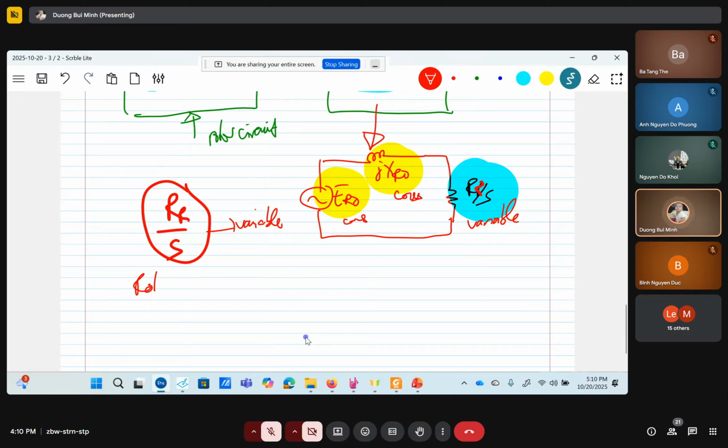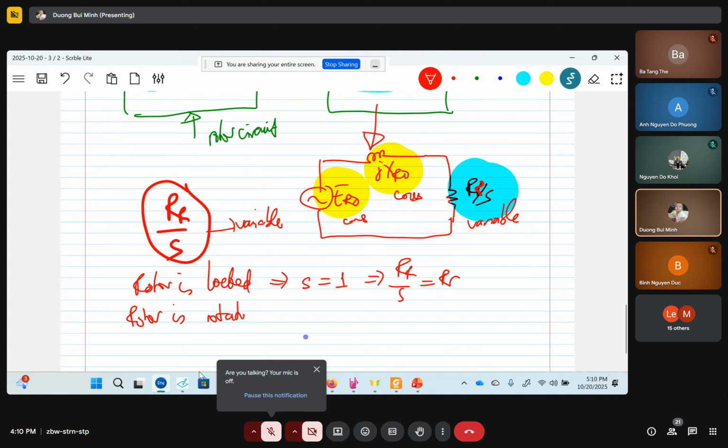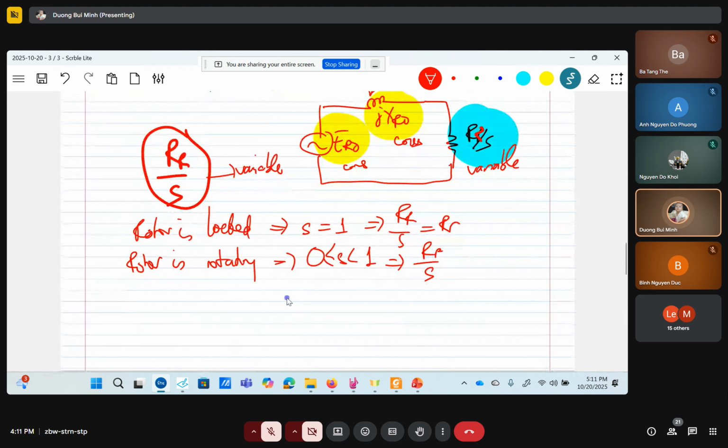Why is it variable? Because if the rotor is locked, that means S is 1, so RR over S is RR. If the rotor is rotating, that means S is higher than 0 and less than 1, so we have different RR over S. If S is 0, RR over S approaches infinity.